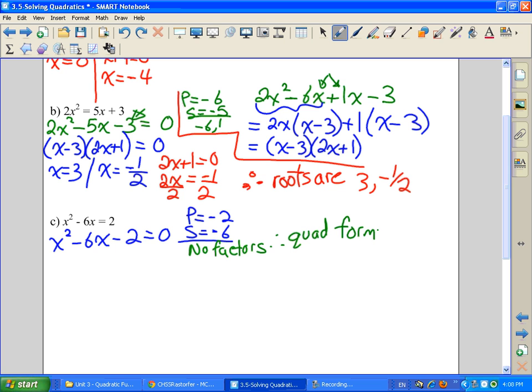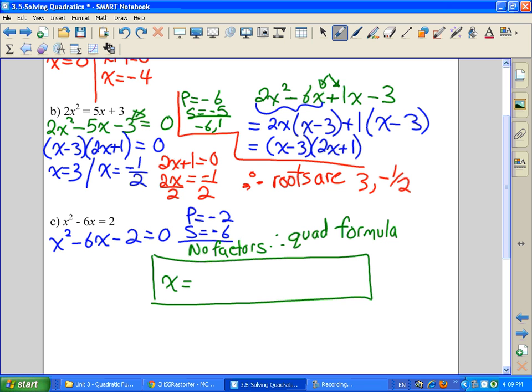Okay, and again, ladies and gentlemen, if you can't remember the quadratic formula, I'll write it out here. It'll be provided on your test if you need it. So it's x equals negative b plus or minus the square root of b squared minus 4ac all over 2a. Just for those who may have forgotten, a in this case equals 1, b equals negative 6, and c equals negative 2.